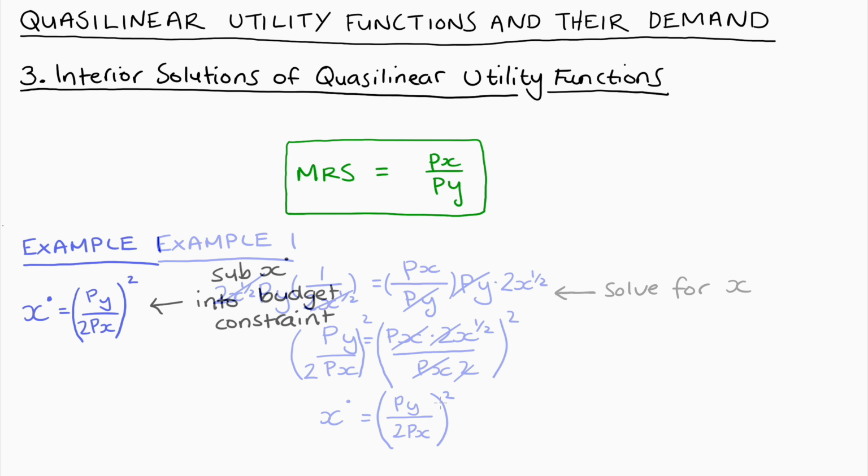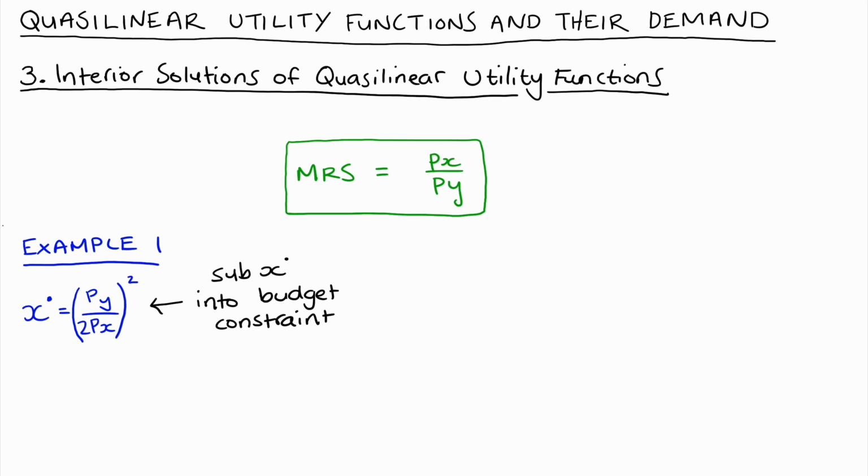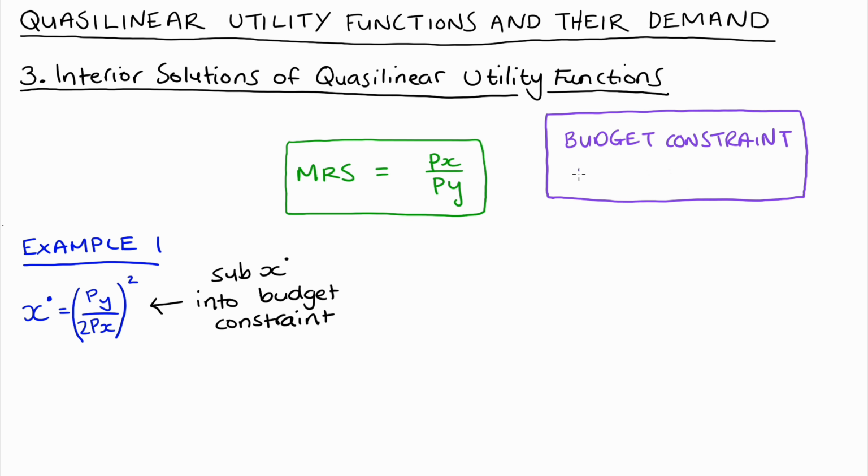Now, to find the demand for y, we're going to substitute this x star back into our budget constraint, which I'll put up here. That's px, the price of x, times x, plus py, the price of y, times y, is equal to m, our income. So substituting x star, we get px times py over 2 times px, squared, plus py times y is equal to m. I'm going to distribute the exponent through the brackets.